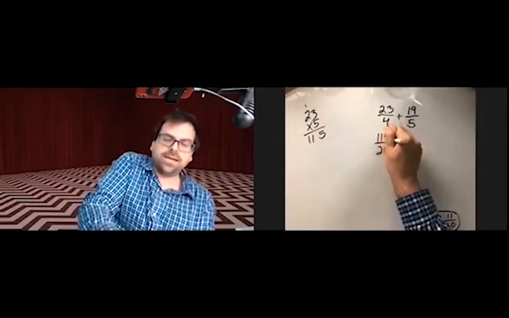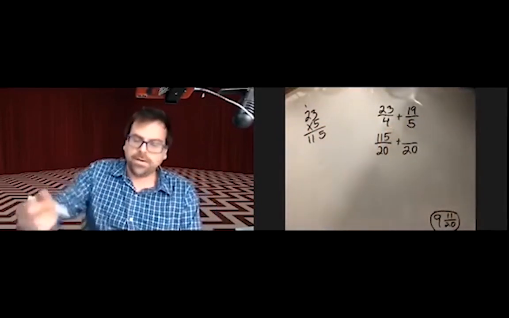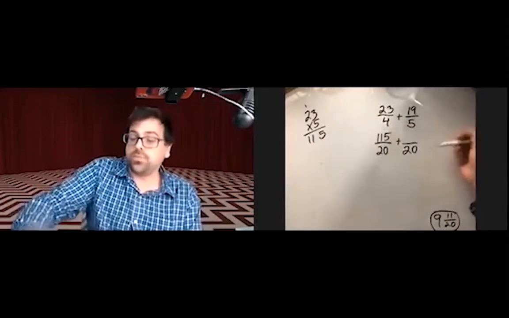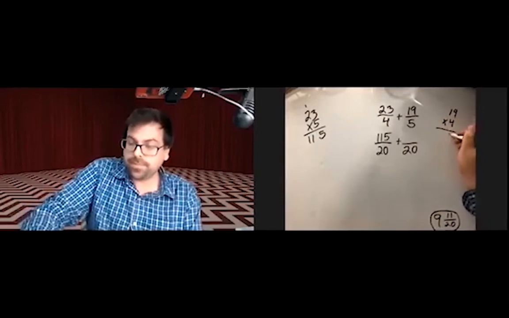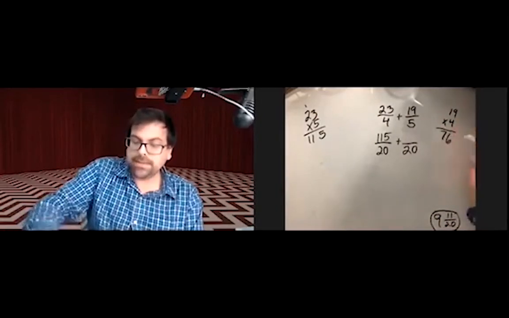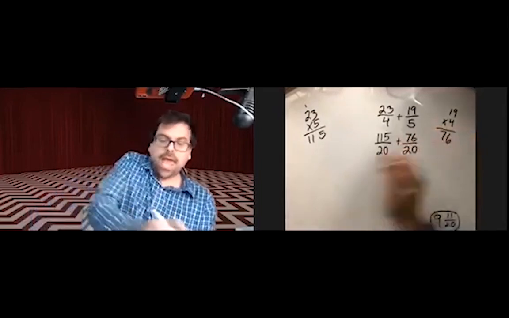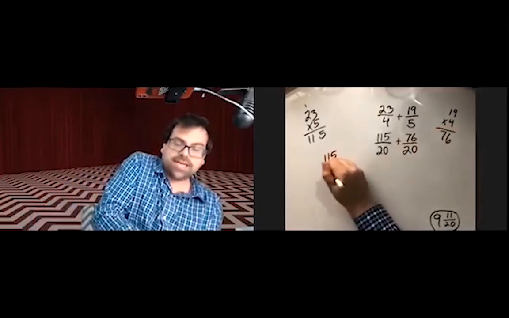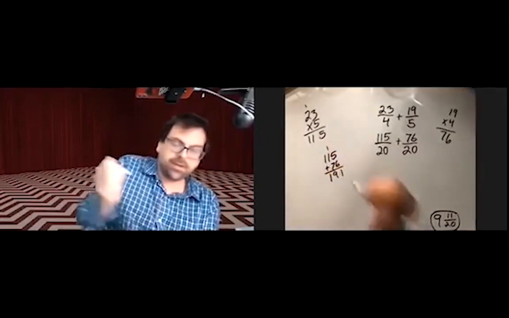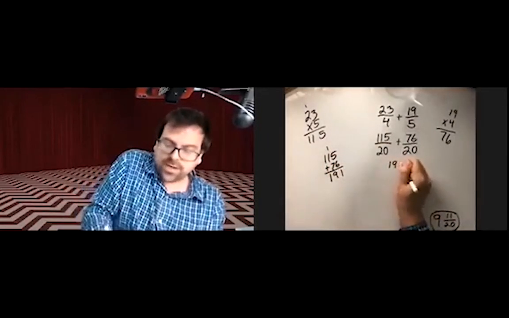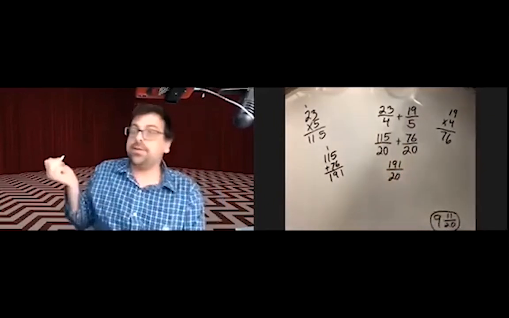That's 115. 5 times 4 to get to 20, so we need 19 times 4. That's 76. Add, we need 115 plus 76. That's 191 20ths.